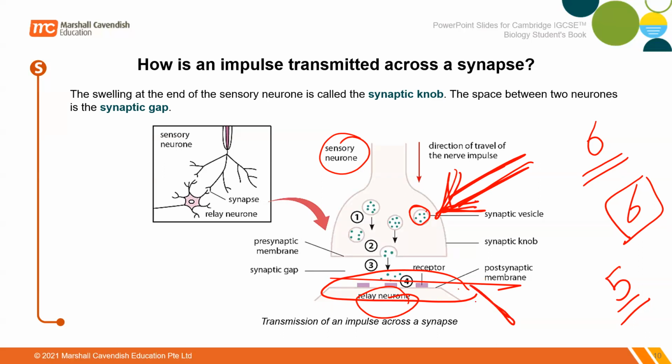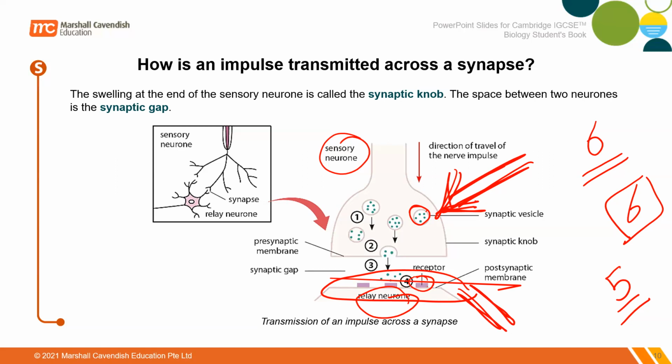Any neuron after is called the postsynaptic neuron. The postsynaptic neuron has receptors. The neurotransmitter will bind because it fits the shape of the receptor, the protein found in the postsynaptic membrane.